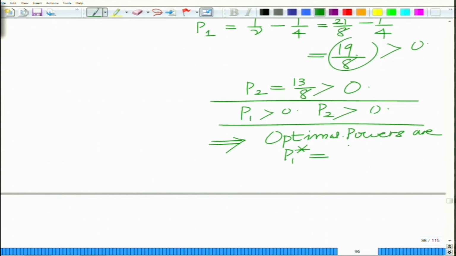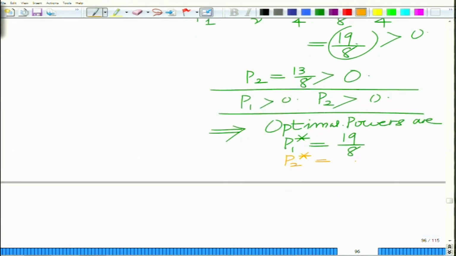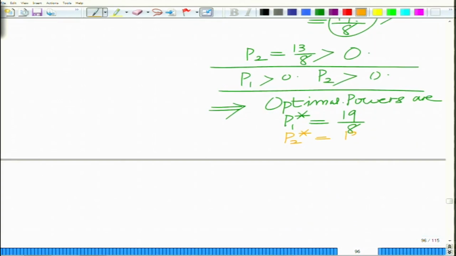So, the original assumption holds, P2 greater than 0, P1 greater than 0, which implies that the optimal powers are indeed P1 star equals 19 by 8 and P2 star equals 13 by 8. Now, if one of the powers had been negative, for instance, if P2 star had been negative, then our original assumption would be incorrect.